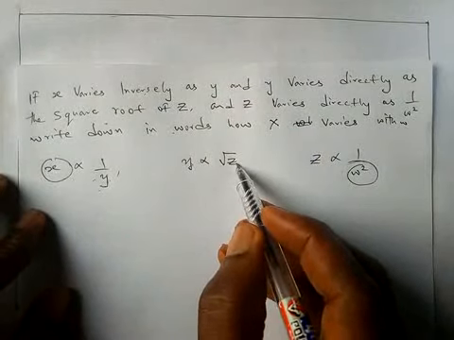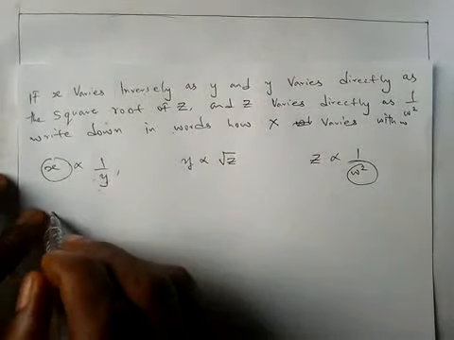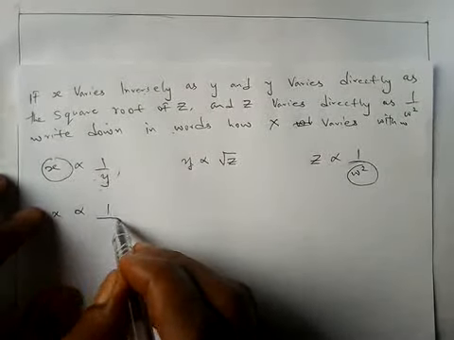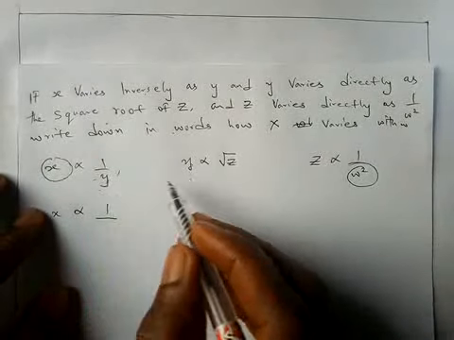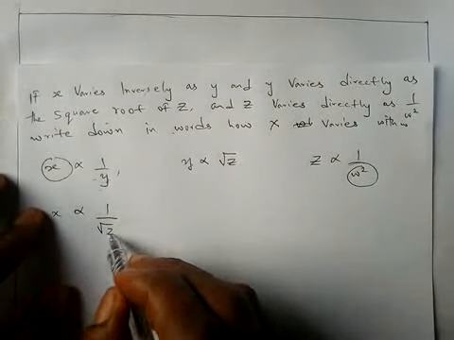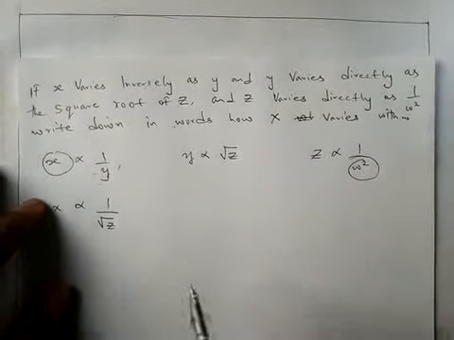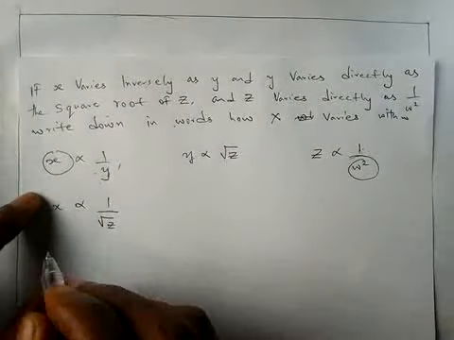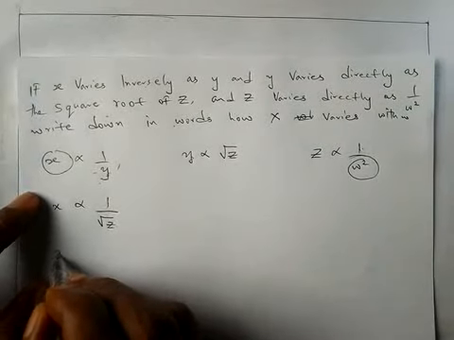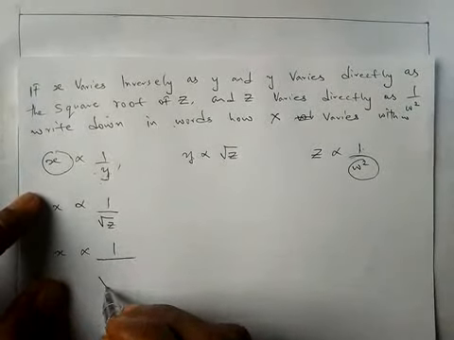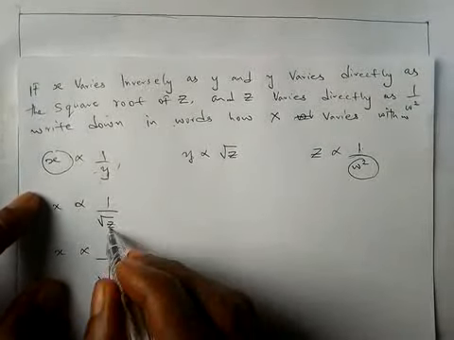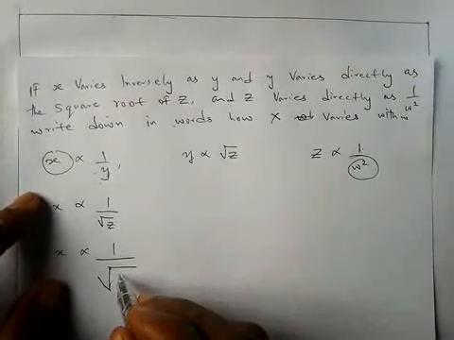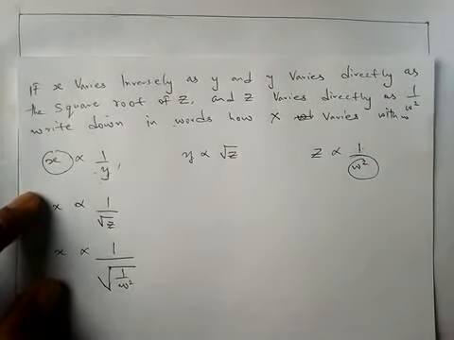Y here is square root of z, so I can put that here, meaning that s is proportional to 1 over, in place of y you can put square root of z, okay, and z is 1 over w squared.